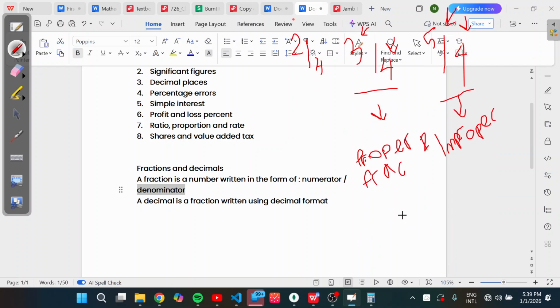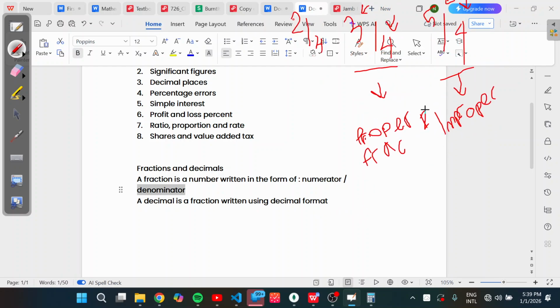Then we also have mixed fractions. Let's take this improper fraction, for example, 5 over 4. 5 over 4 can also be written as one whole number, 1 over 4.